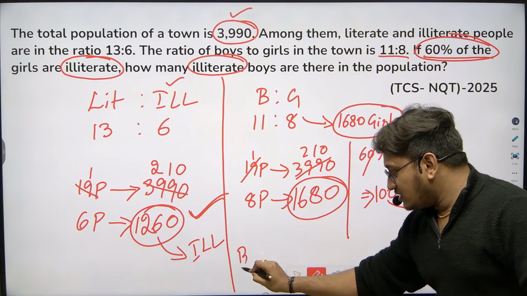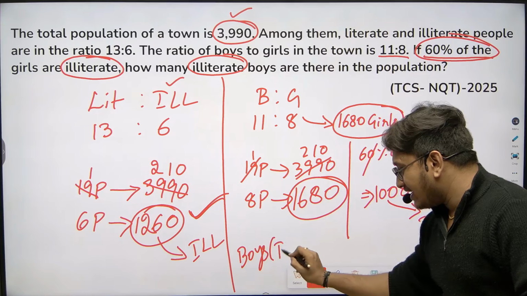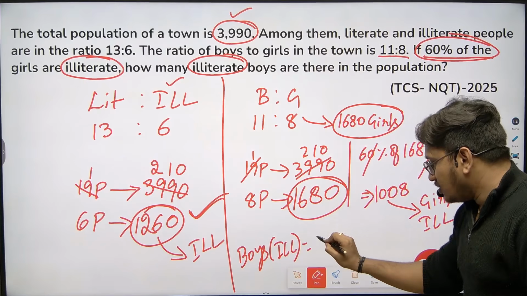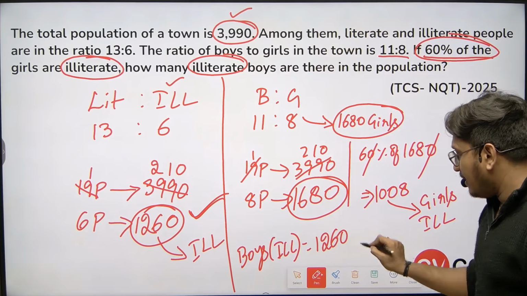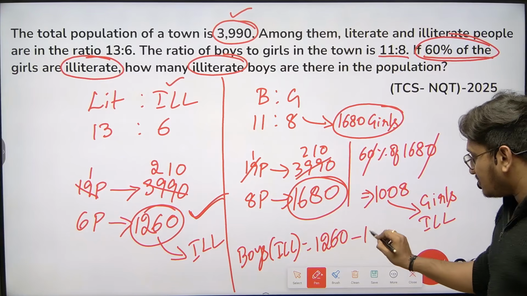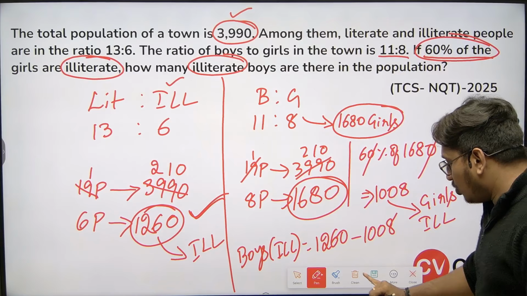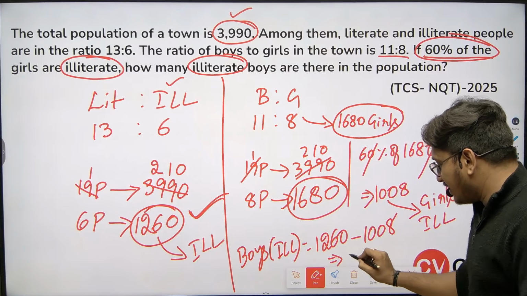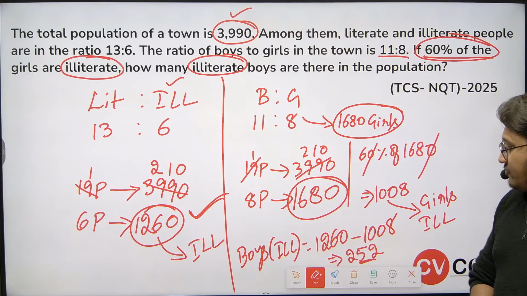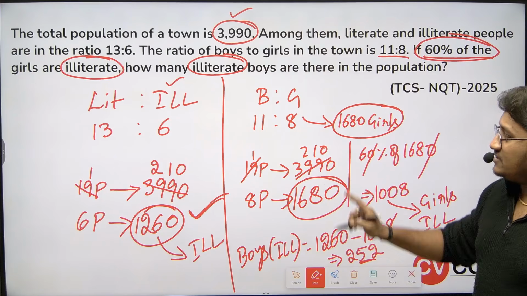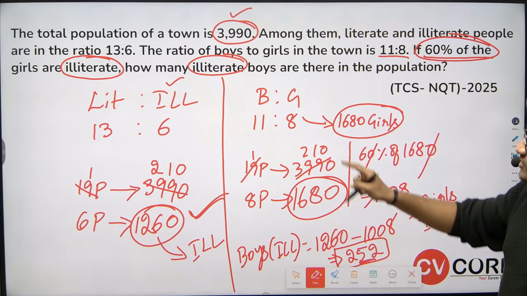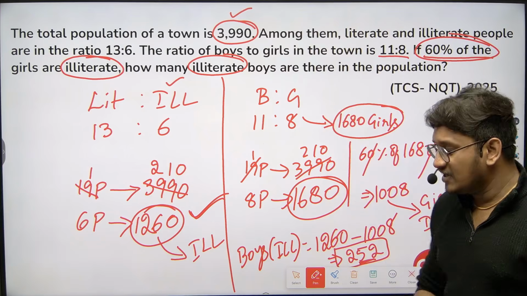Now if I want illiterate boys, total illiterate people are 1260 minus girls illiterate 1008. Now if you do this calculation, you will get 252 illiterate boys. The correct answer for this question is 252.